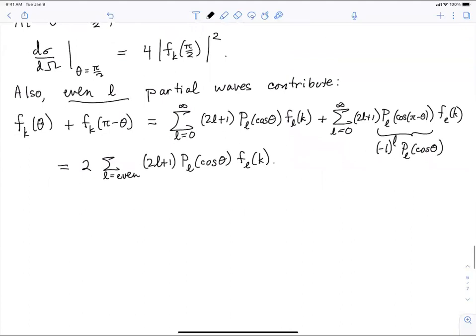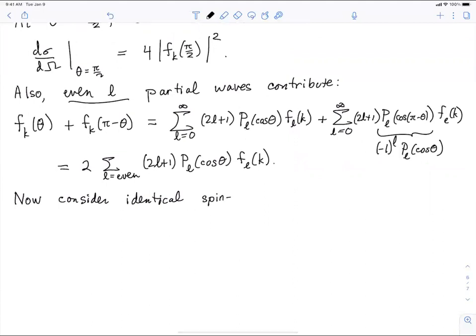Okay, it's actually more common to encounter identical spin 1/2 fermions, for example, electrons. So now let's consider that case. So identical spin 1/2 fermions.